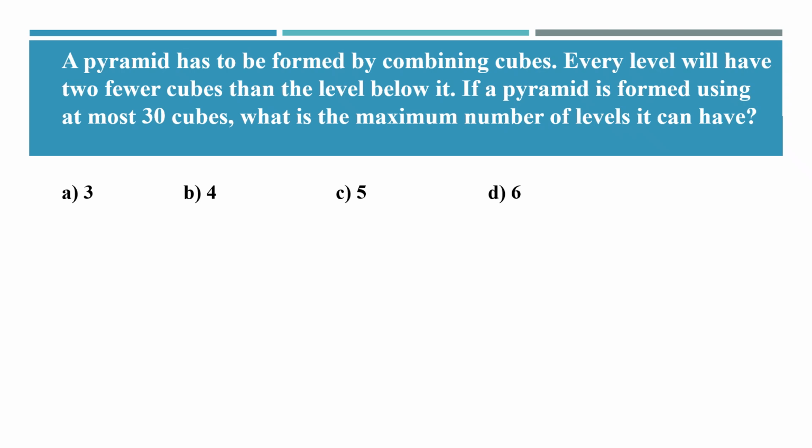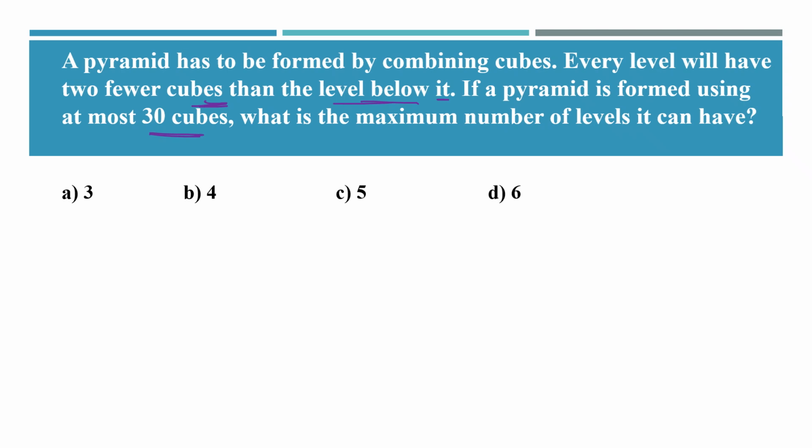A pyramid has to be formed by combining cubes. Every level will have two fewer cubes than the level below it. If a pyramid is formed using at most 30 cubes, what is the maximum number of levels it can have?